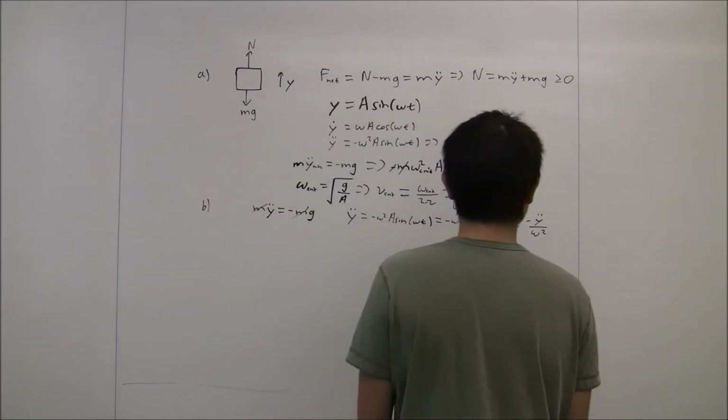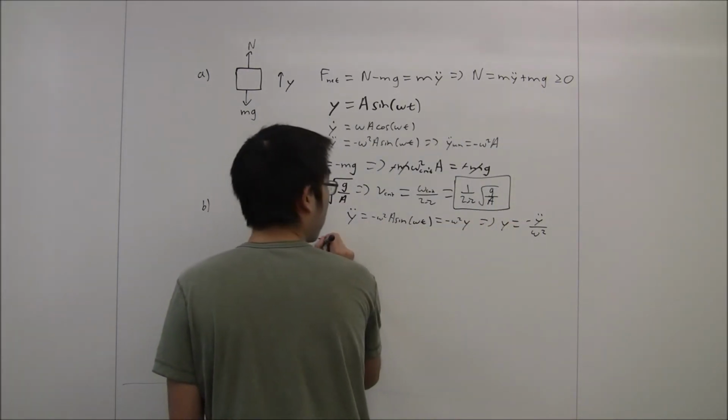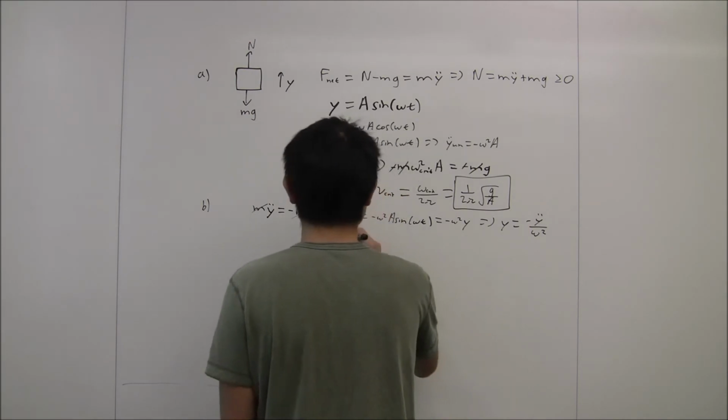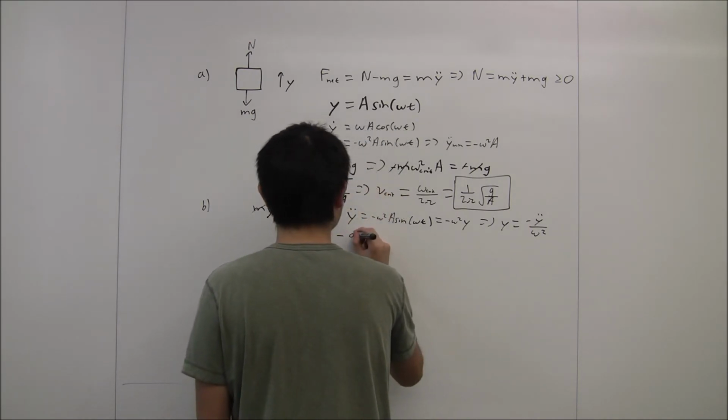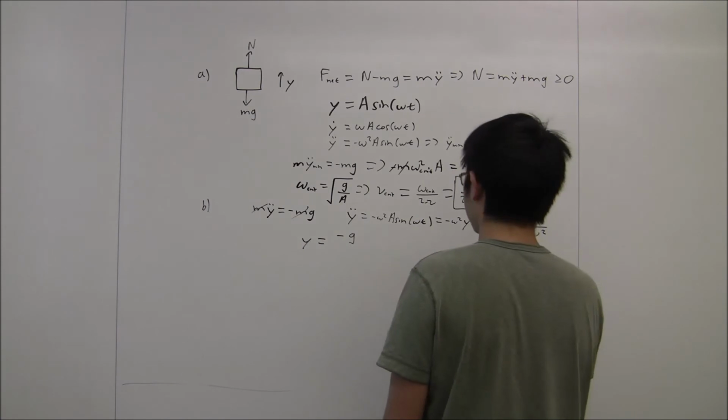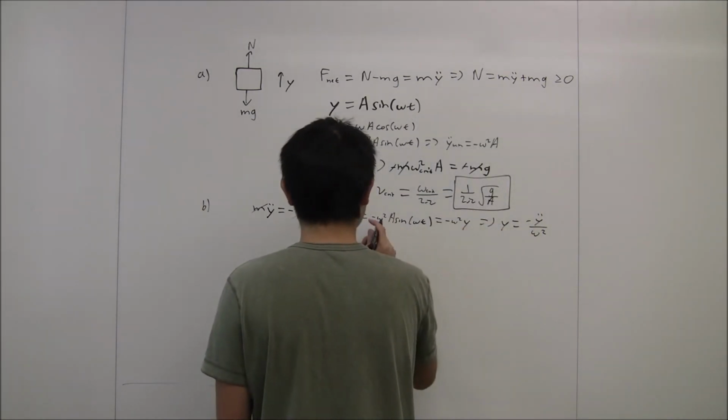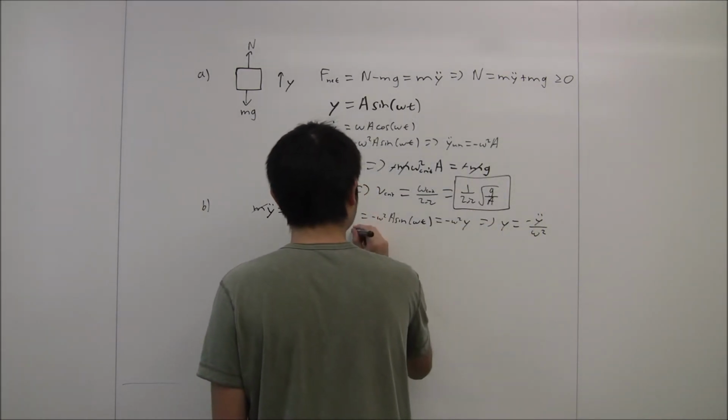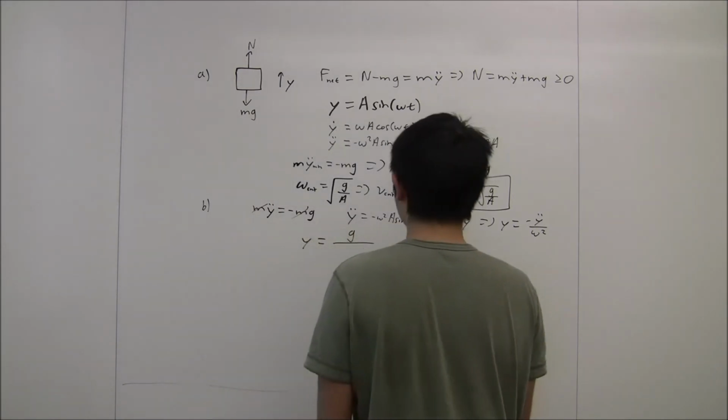It's going to be negative g, which means that y is equal to negative g, or negative negative g, which is just positive g, over omega squared.